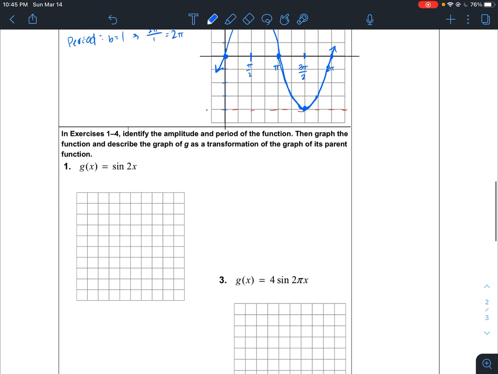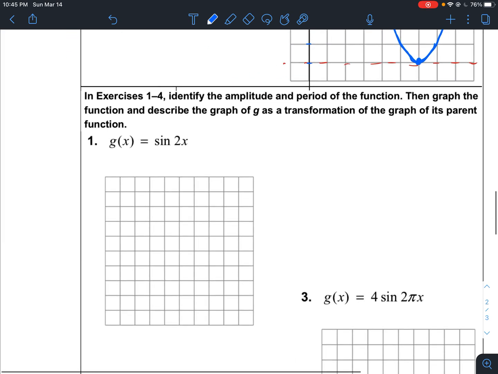Let's come down here and see what we have down here. So notice that we have a b value. The amplitude is going to be 1. So a is equal to 1, which means our height is going to be from the x-axis to the min and max, a distance of 1.